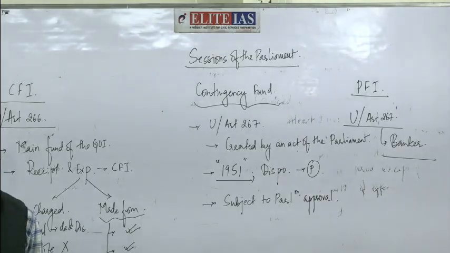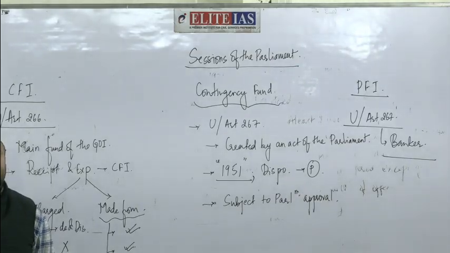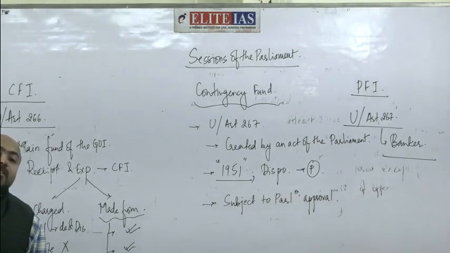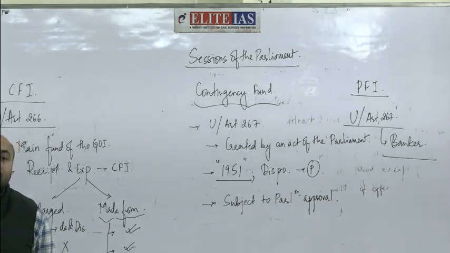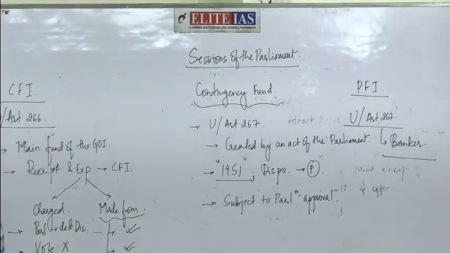It will have the sign and seal of the Speaker, and his authority is final and binding in this regard. So the Aadhaar bill was introduced as a money bill. Why? Because the then Speaker Sumitra Mahajan gave her assent to this bill as a money bill.